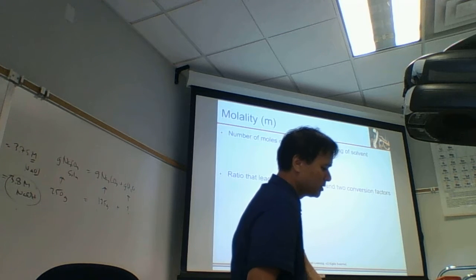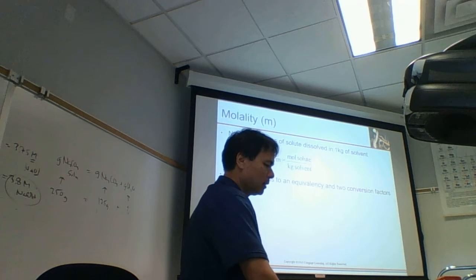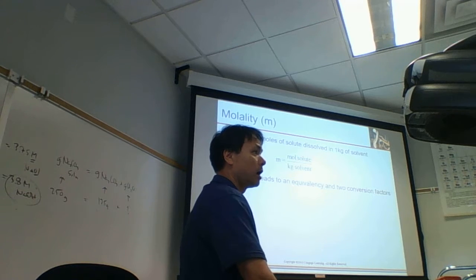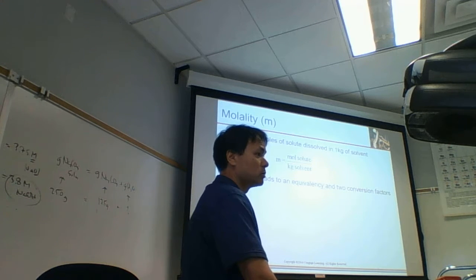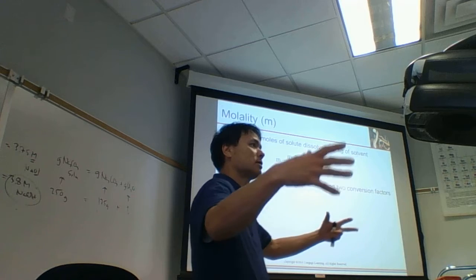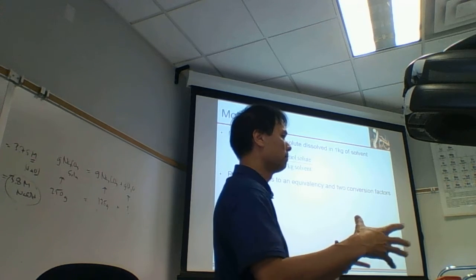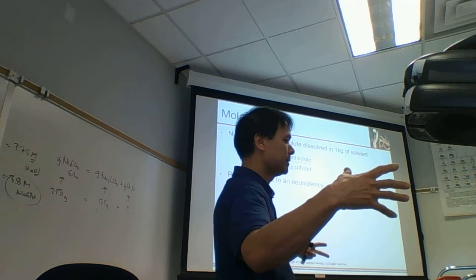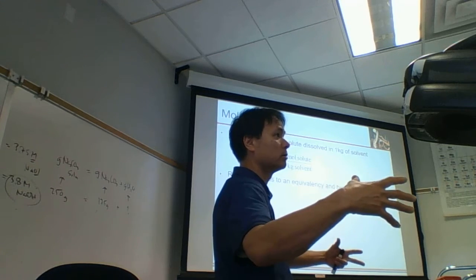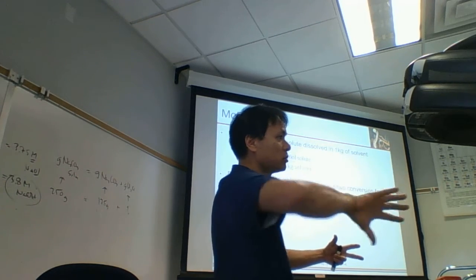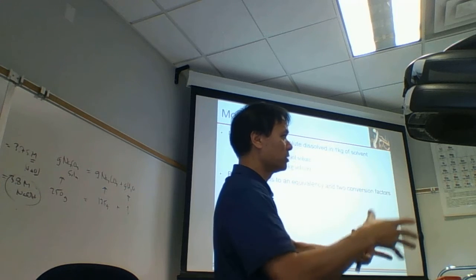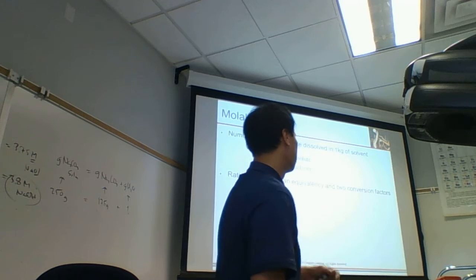But there's one advantage molality has over molarity, and that is it doesn't change with temperature. Molarity changes with temperature because liquids expand and contract with temperature. So if the liquid expands, you're doing it per liter, and if the volume grows, then the concentration goes down. In cold weather, it contracts, and concentration goes up.